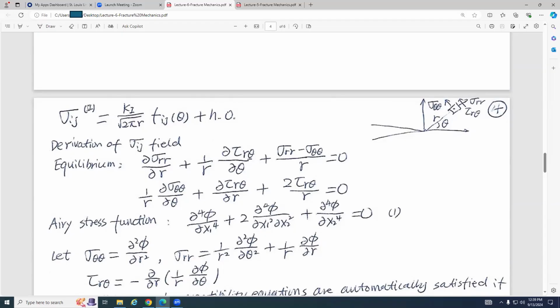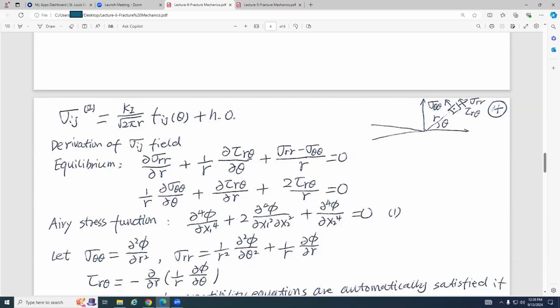This is the crack tip, and in front of it, perpendicular, we have any point of interest, with r the distance between the point of interest and the crack tip, and also the orientation theta. So this is the derivation of the stress field.